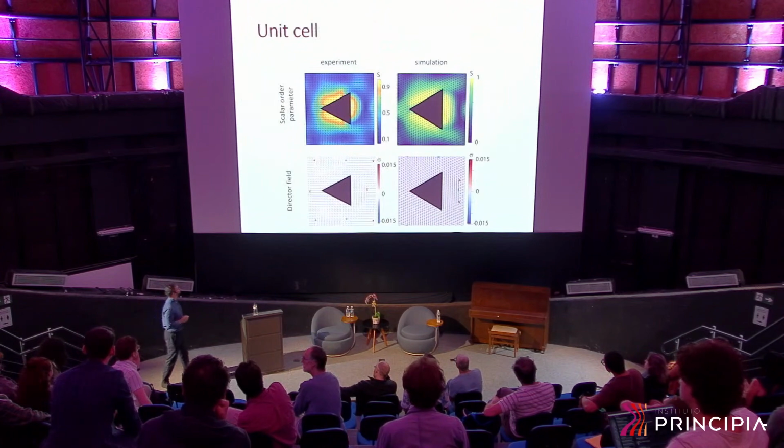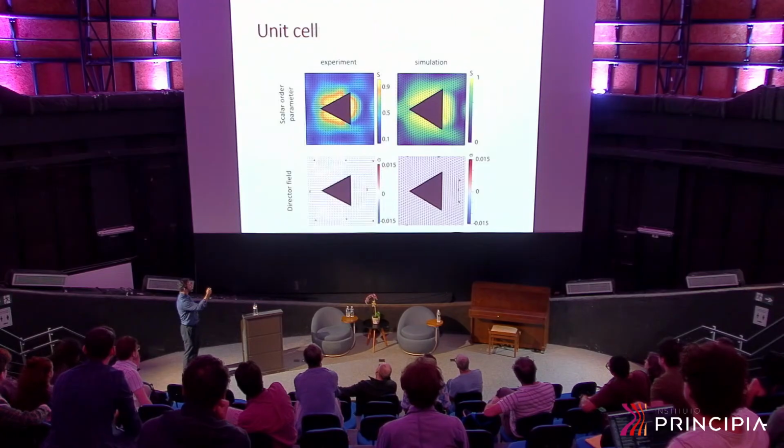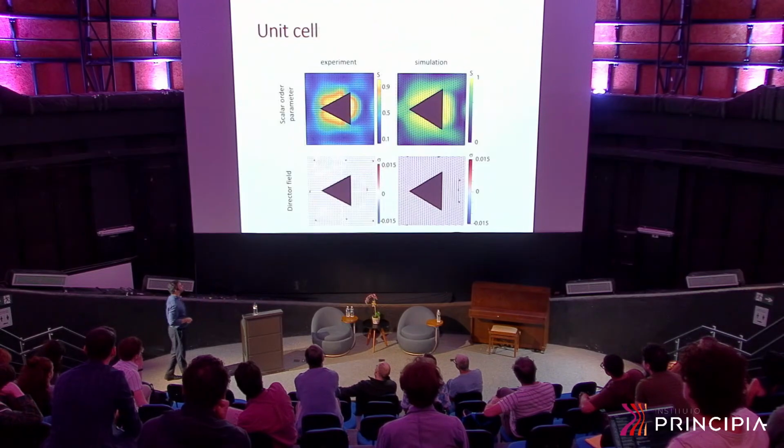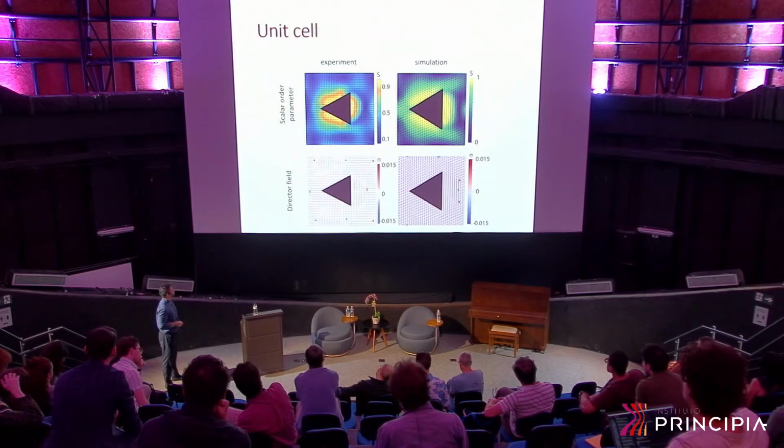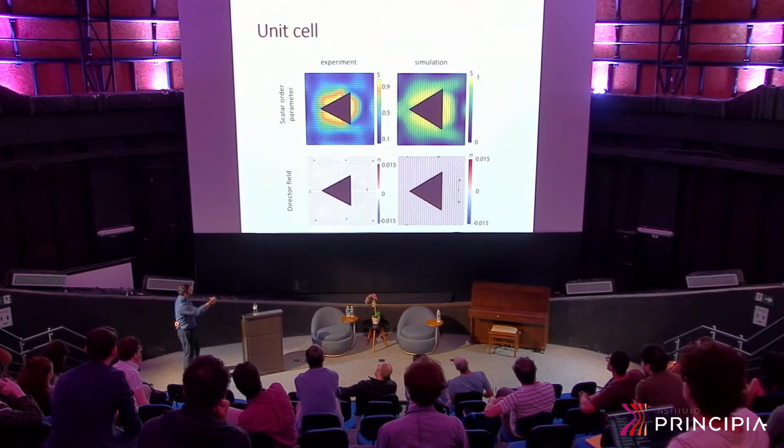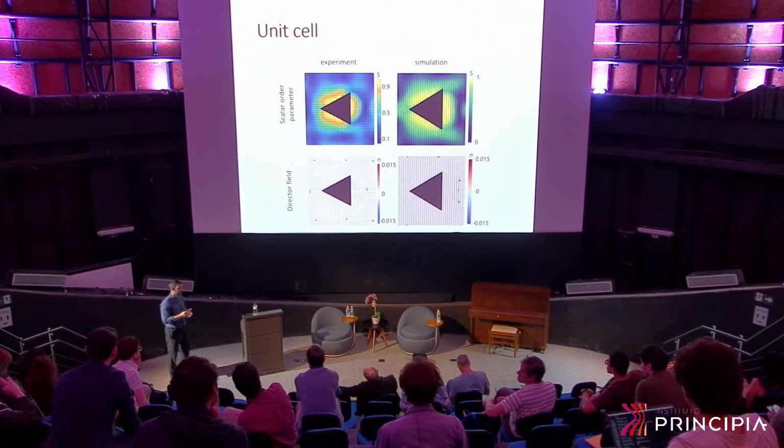Yes, it's true. I'm using the planar anchoring to mimic the experiment. What happens is that you still have a director field inside the obstacle, because you initialize the system with a turbulent state, which is more or less isotropic.